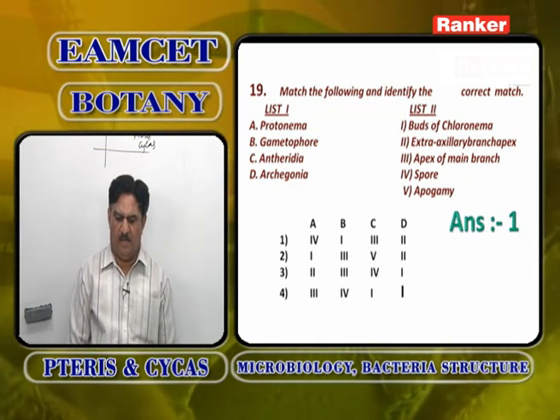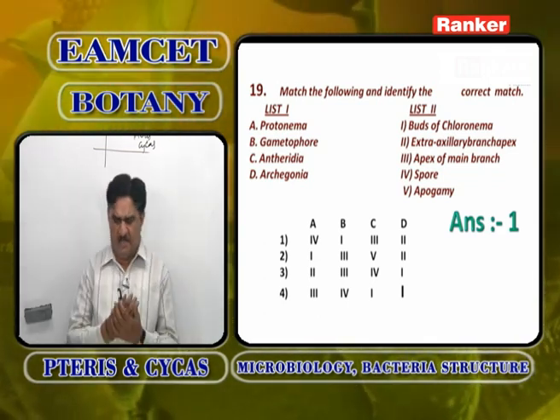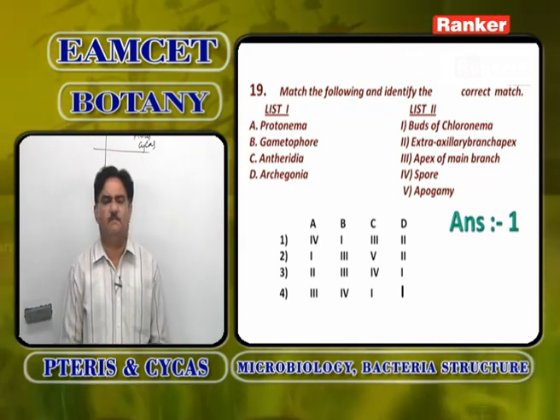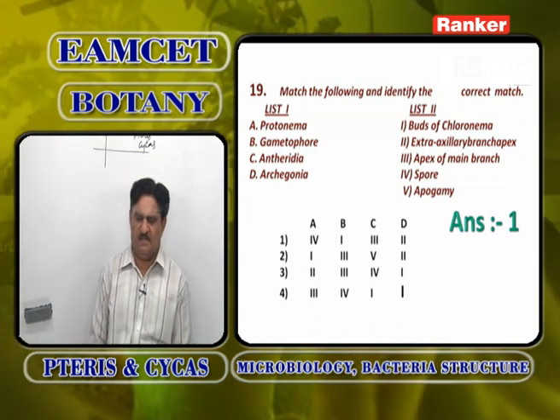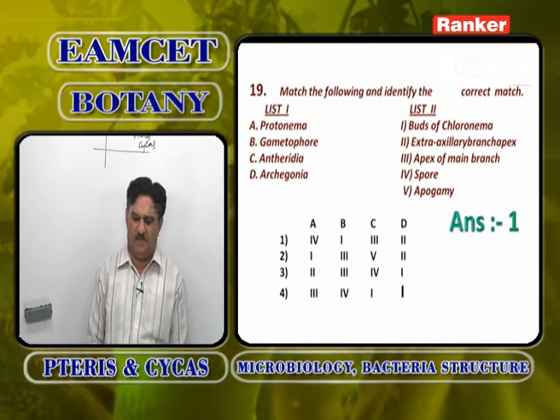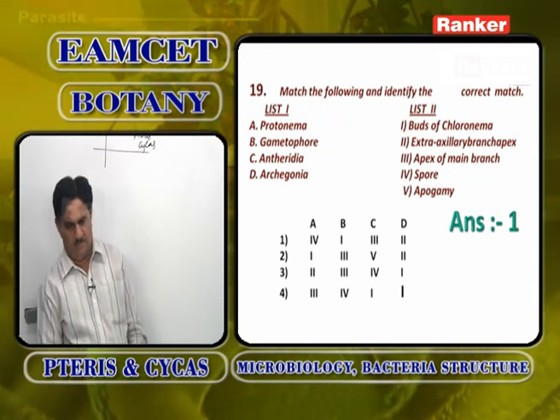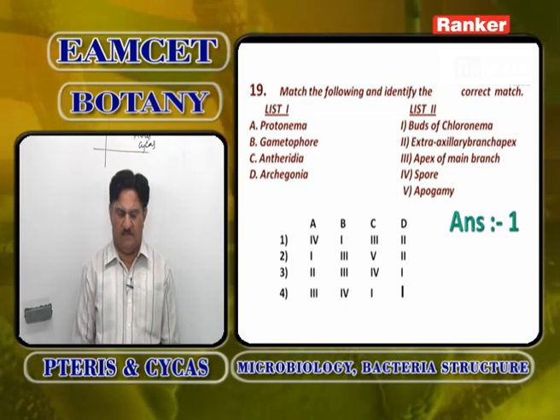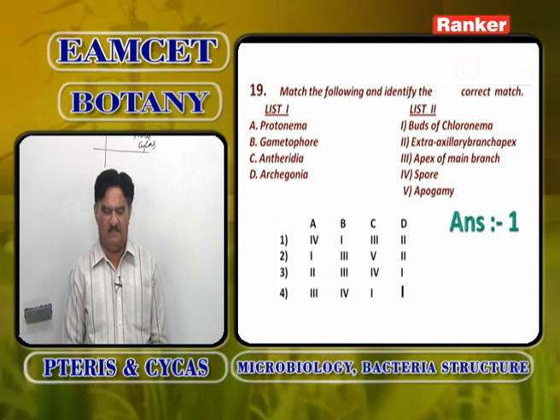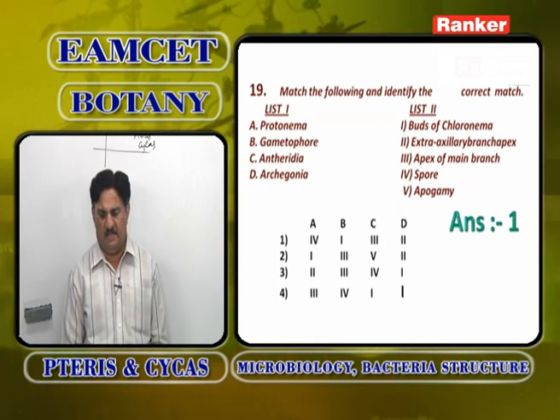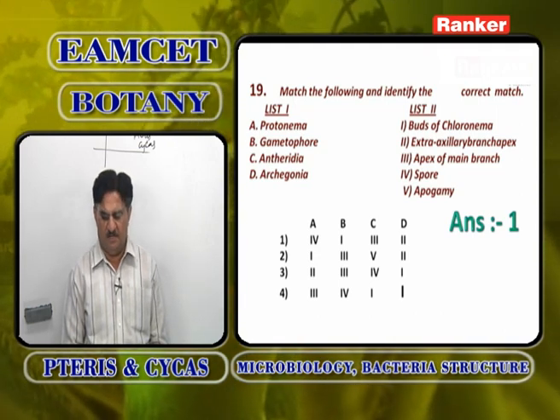Archegonia are present on the extra-axillary branch apex. Why is it extra-axillary? Because in Funaria, branches do not come from the axils, that is, between stem and leaf. They come from the base of the leaf, so it is an extra-axillary branch. Archegonia are always formed at the tip of the archegonial branch. So protonema, spore; gametophore, buds of chloronema; antheridia, apex of main branch; archegonia, extra-axillary branch apex. So first option: A4, B1, C3, D2.